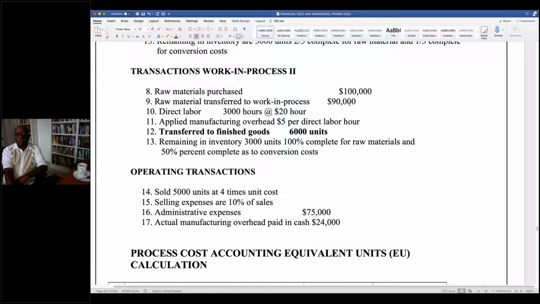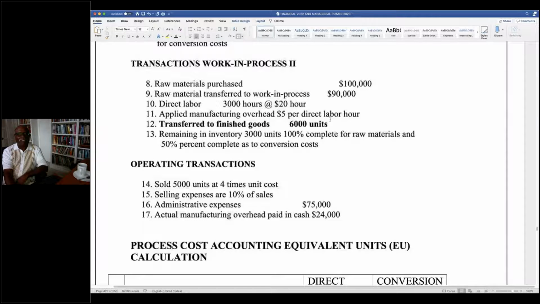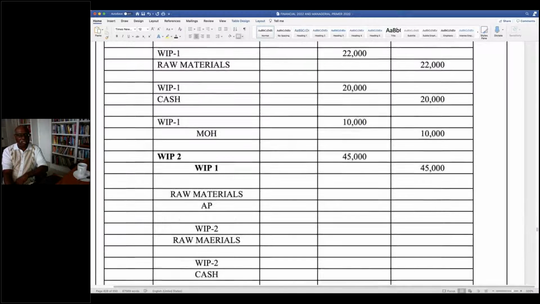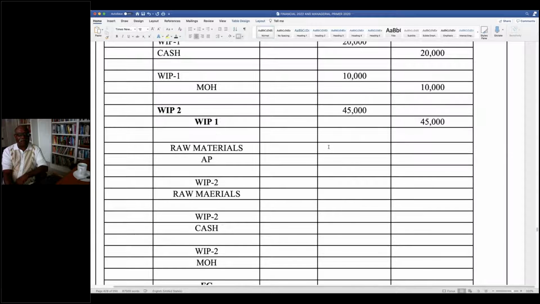So next person in line, want some extra points? Yes. For number 8, the raw materials purchase was 100,000, so I debited 100,000 for raw materials and credited the 100,000.